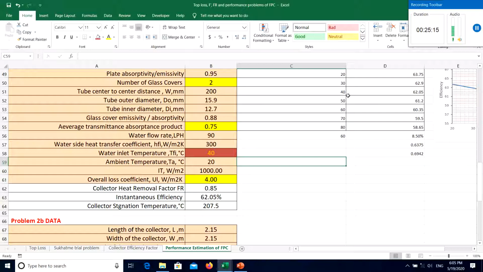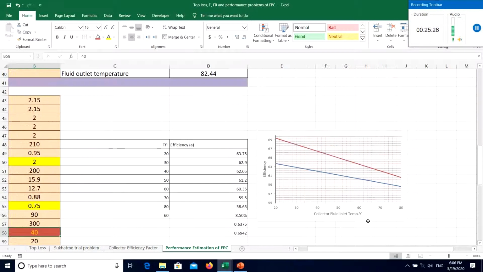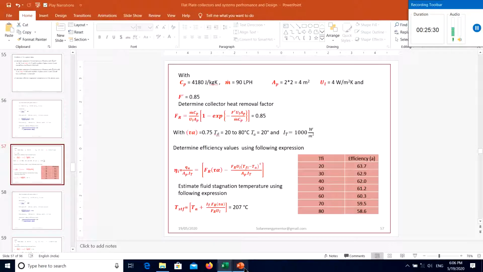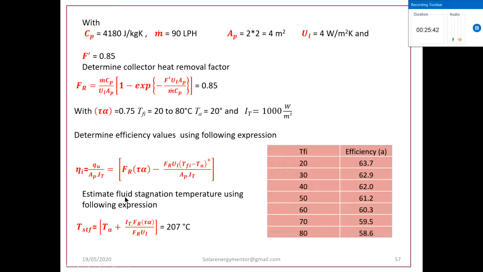So corresponding to 40, 62.05. Like this, I go on varying the value of TFI from 20 to 80 degrees Celsius and get the efficiency values here. These are TFI values and these are efficiency. And the collector fluid stagnation temperature comes out to be 207 in this case.